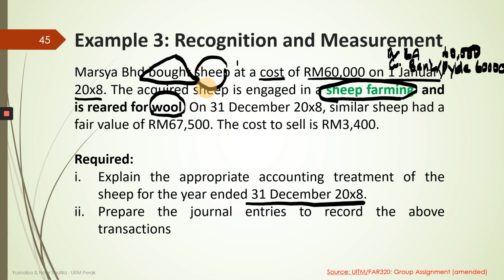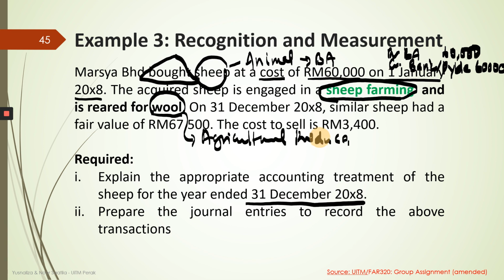So the sheep is the animal, right? A living animal, and this is the biological asset. But the wool that is shaved from the sheep is agricultural produce, right? That was the purpose of sheep farming.